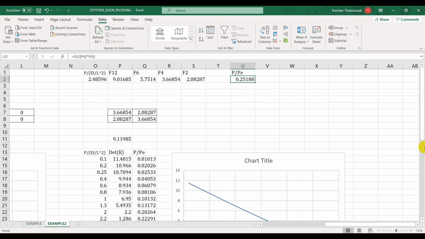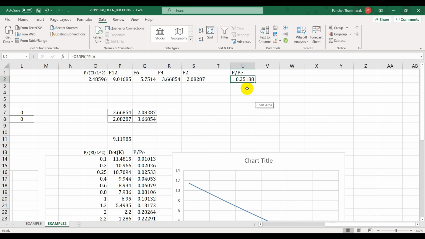Why do we get 0.25? Because right now our PE is defined by pi square EI over 0.5 L, the whole thing squared. So 0.5 squared, you get 0.25. So basically your buckling load is equal to 4 pi square EI over L square.